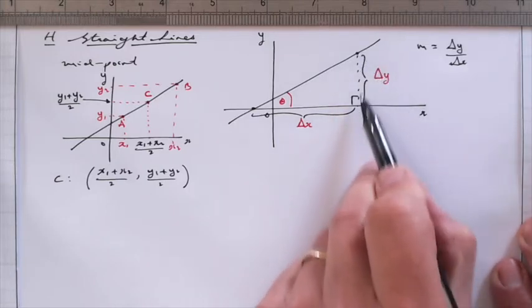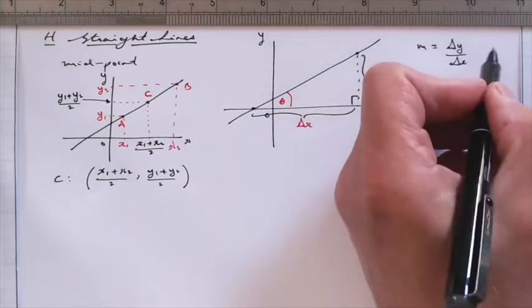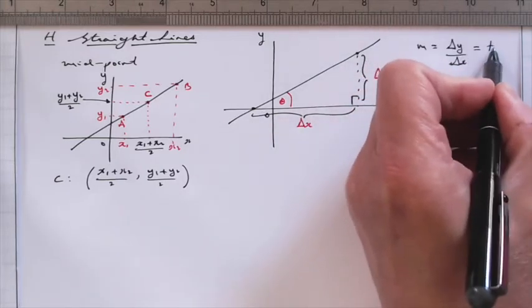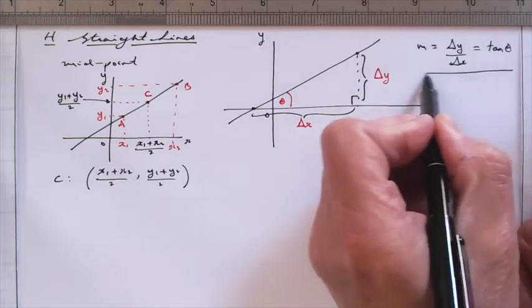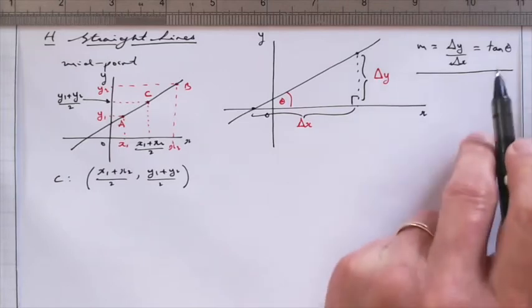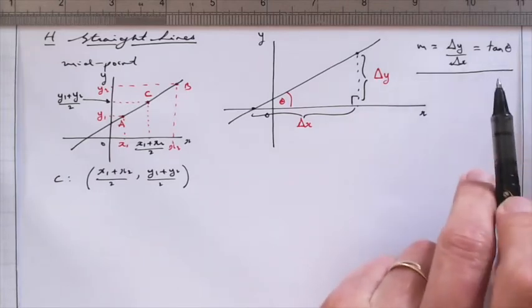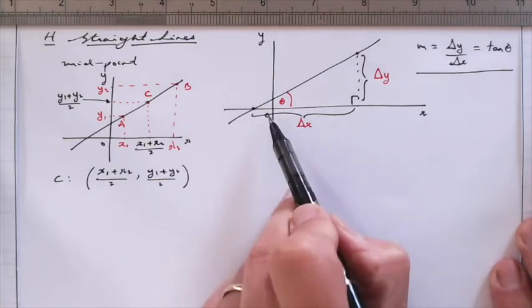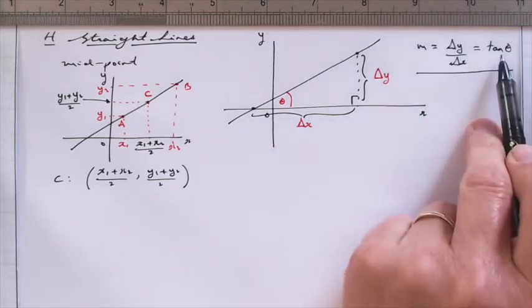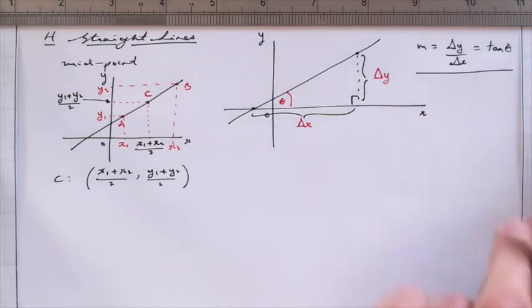Therefore, this distance divided by this distance is nothing other than the tangent of theta. And so that's a very helpful and important relationship between the angle a line makes with the x-axis and the slope. The tangent of that angle gives you the slope of the line.